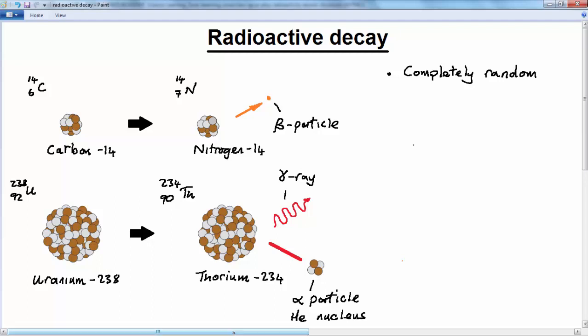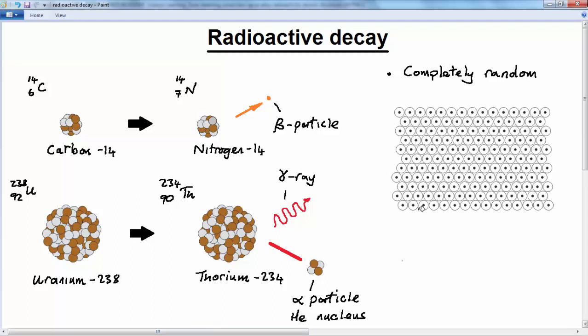So if we have a whole lump of carbon-14 or uranium-238 symbolized by this diagram, you simply cannot predict which of these atomic nuclei will decay or when they will decay. In a completely random way, you simply do not know which ones will decay next. So it's completely random.